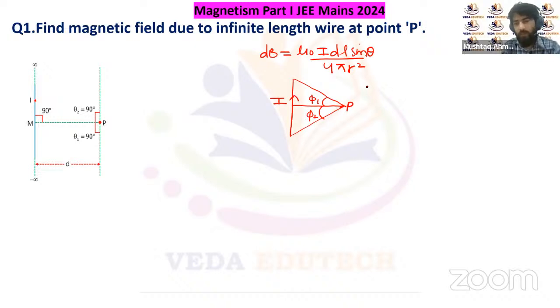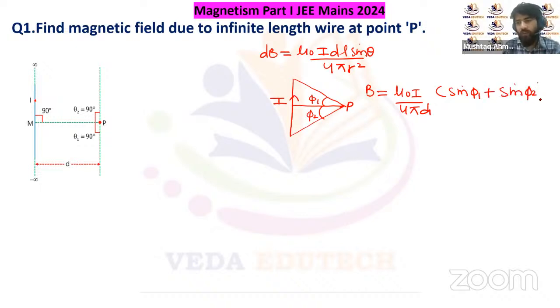Then the net field at this point P, given by the Biot-Savart law, is mu naught I upon 4 pi d, sine of phi 1 plus sine of phi 2.